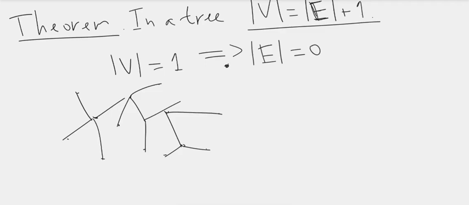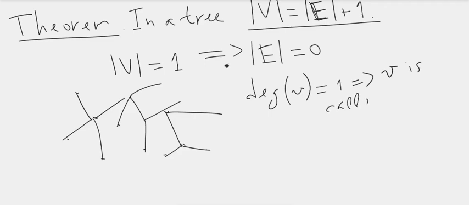So why is that? Let's write this. If the degree of vertex V is equal to 1, then V is called a leaf. This is a definition.